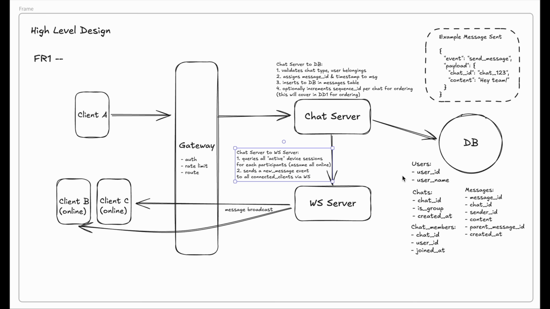Because we assume that all the participants are online and we don't discuss the offline case right now, you can check with the chat members and make sure that all the user IDs are pulled from the chat ID, and then the WebSocket server will broadcast this message to all the recipients inside the chat members table. So as you can see, the message has been broadcast to the client, user B, the online part, and user C, who is also online. This is the end of the whole workflow for functional requirement number 1.